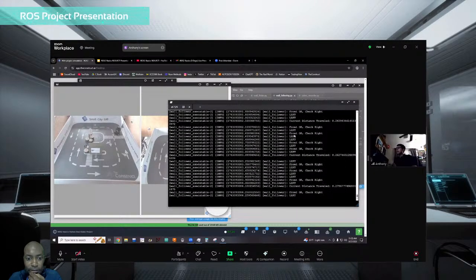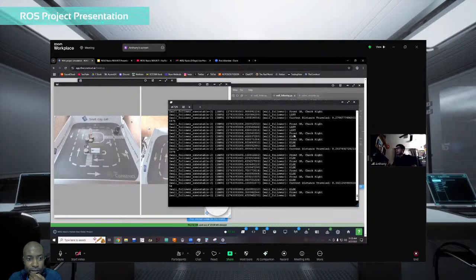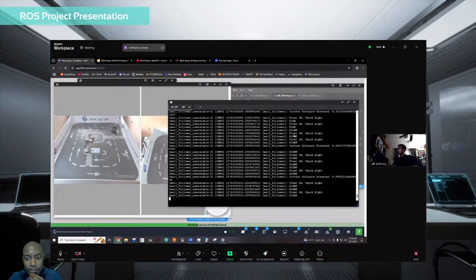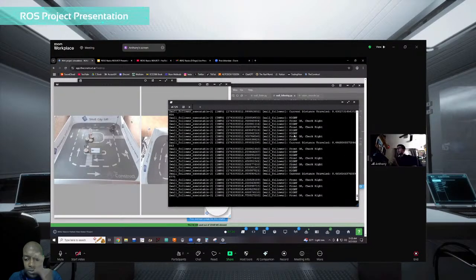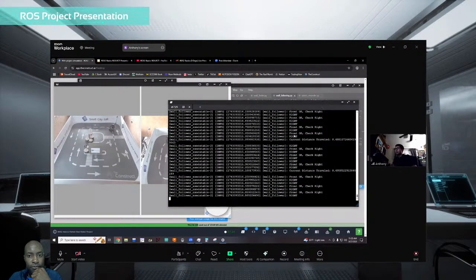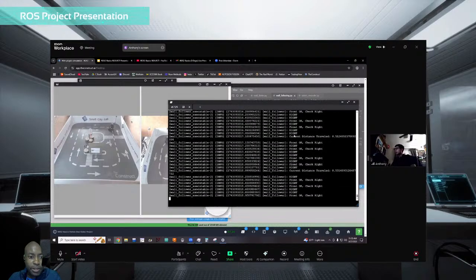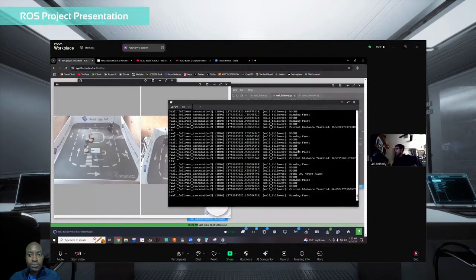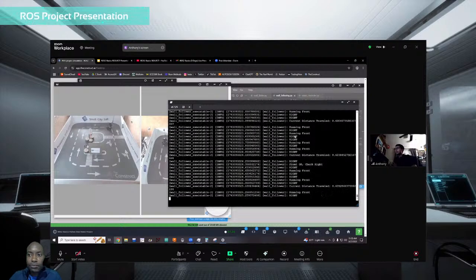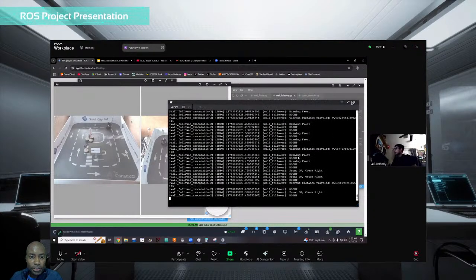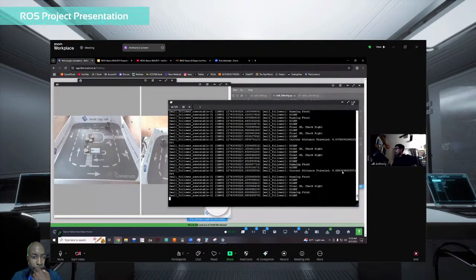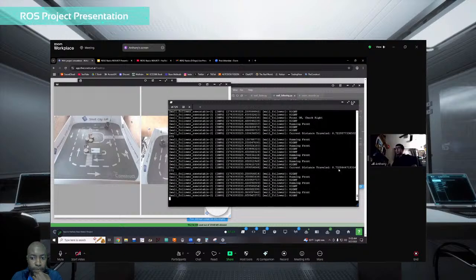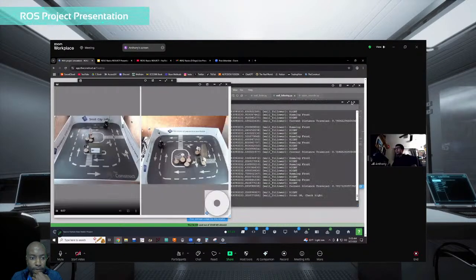As it scans the front laser value and the right laser value, it's going through the logic and saying, okay, do I need to move front, right, left, depending on how far the values are on each laser. So you'll see why it says running front, right. We'll get into all that in a minute. But every second it's also updating the distance traveled. So right now the robot's just going.